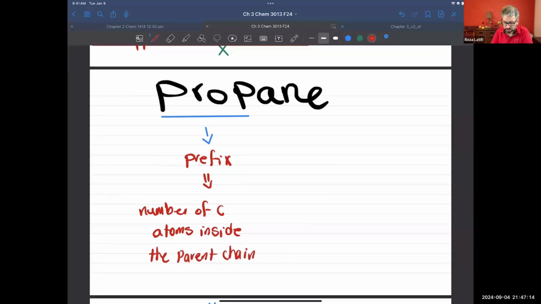Okay. Next, what's the meaning of AN? So we had this first part, we called it prefix. Next one, we're going to go after AN, and I will call it infix.